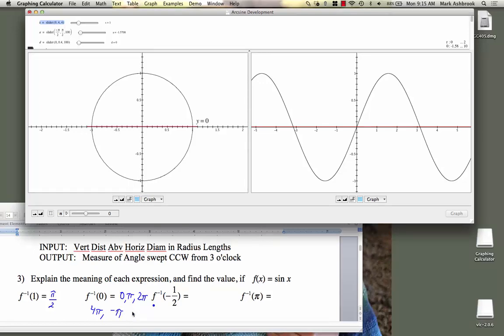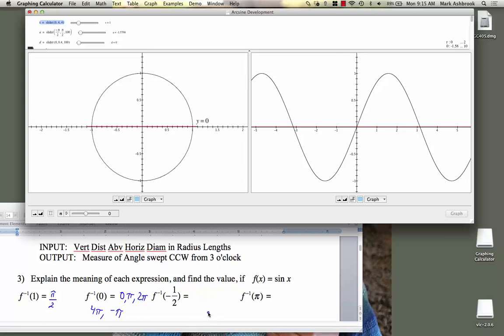How many angles are there? As many as you want, right? There are as many angles as you want, because we can keep going around past 2 pi, keep rotating, more and more openness, right? Every time you hit a multiple of pi or negative pi, you're going to be at the 0 fraction of a radius above the horizontal diameter.